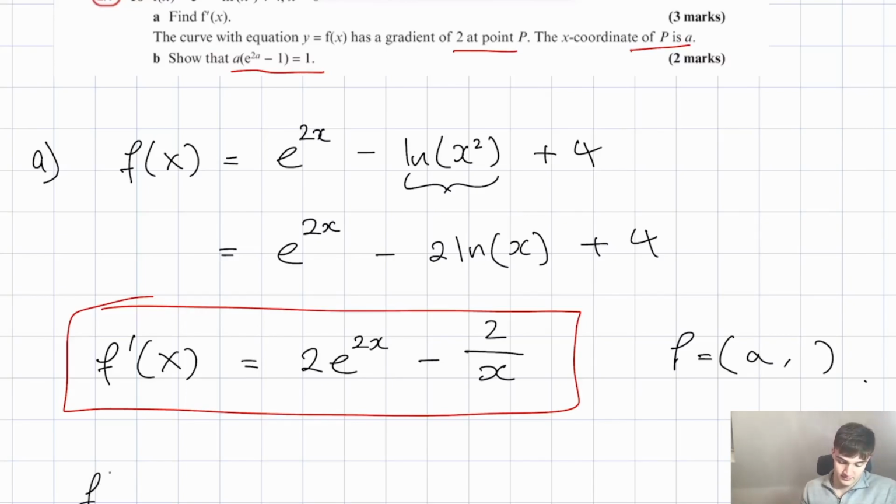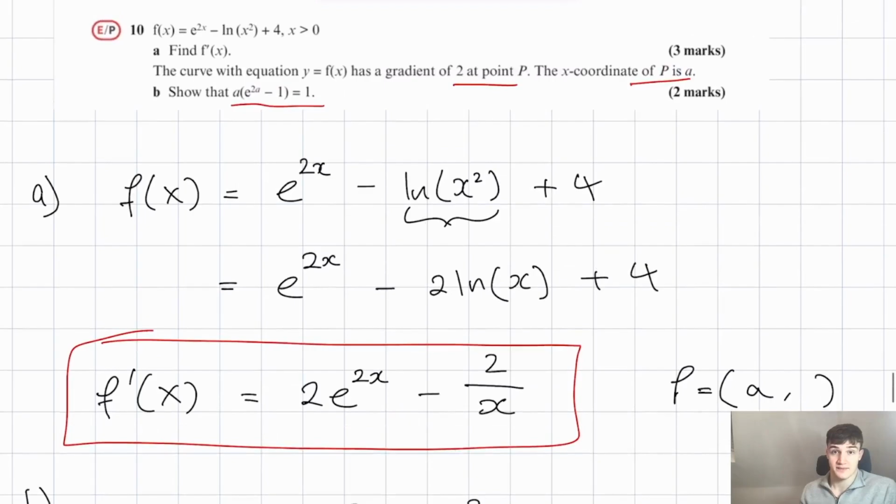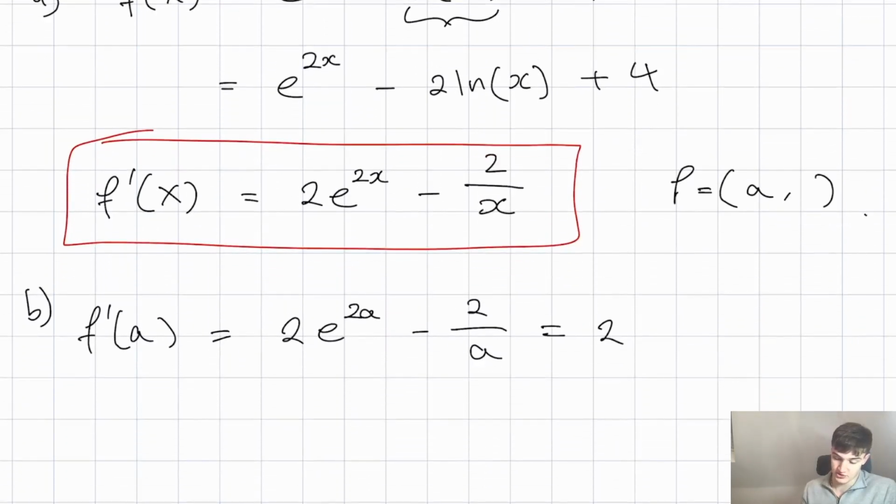So the gradient at a is simply substituting a for x in our formula here. So that's 2e to the 2a minus 2 over a. And it just told us that the gradient is 2 here, so this must be equal to 2.